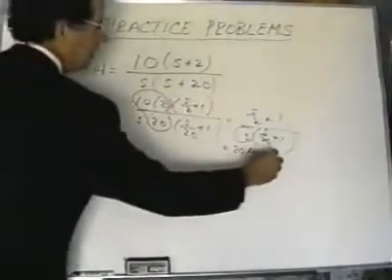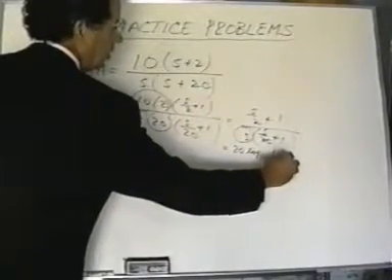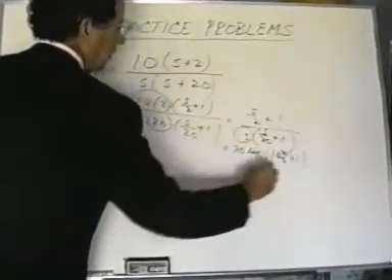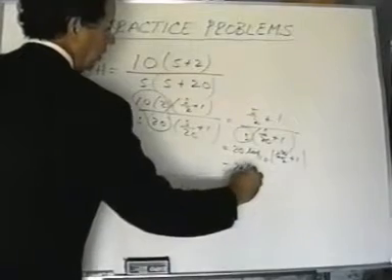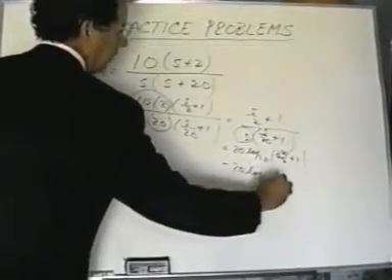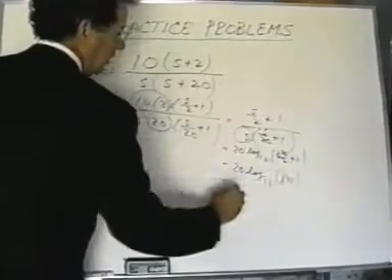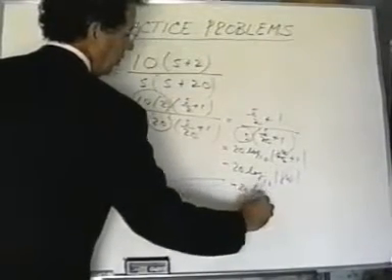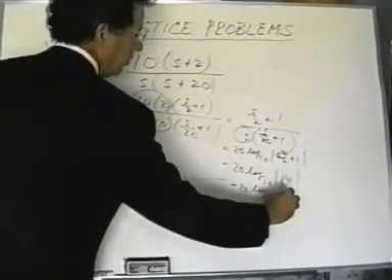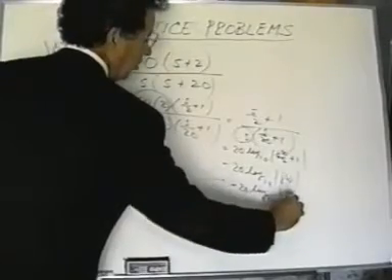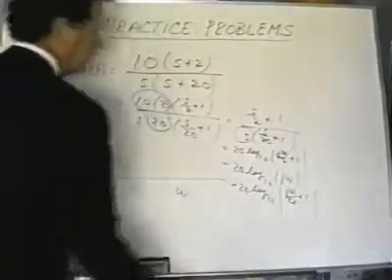20 log base 10, absolute value of (j omega over 2 plus 1), minus 20 log base 10, absolute value of j omega, minus 20 log base 10, absolute value of (j omega over 20 plus 1).